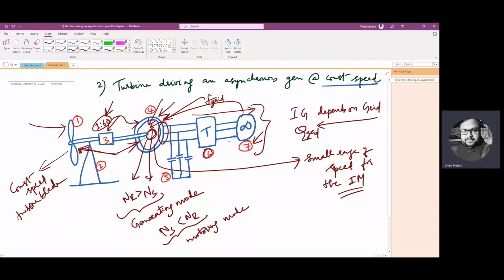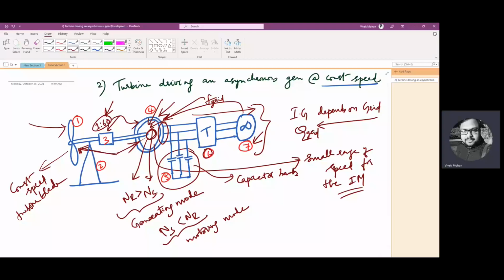But to avoid this, if many wind turbines are connected and all depend on the grid for reactive power, then it may affect the voltage profile of the entire grid itself. So to avoid that, we locally support reactive power using capacitor banks, which is number 5. So here the power delivered to the grid is made close to unity power factor by use of the capacitor bank.